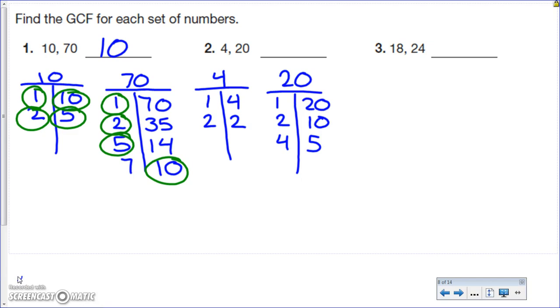Next, we're going to go through and circle all the factors that show up on both lists. Then we have 3 different factors there that are similar between the two lists, and we know the greatest of those is 4.